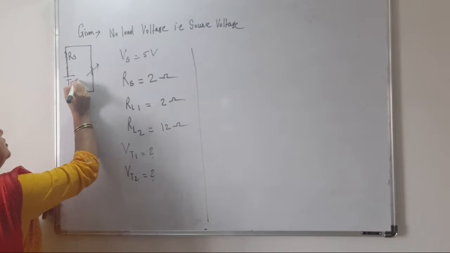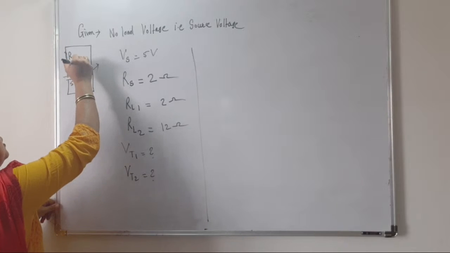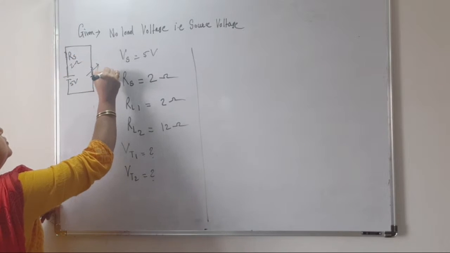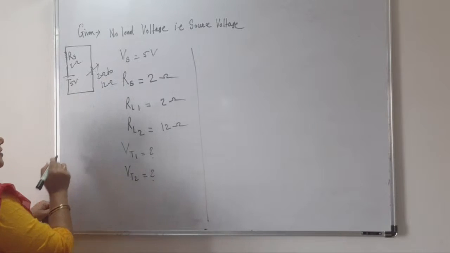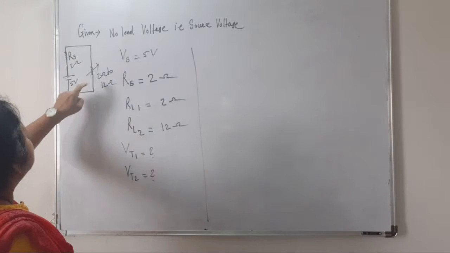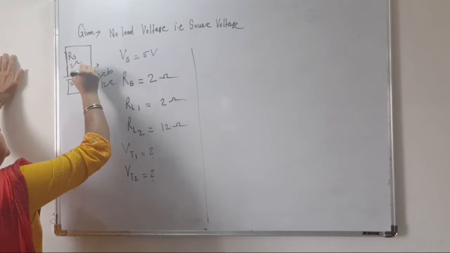This is a 5 volt battery. This RS is 2 ohm. This is 2 ohm to 12 ohm. Okay, so from this diagram, this is your RL.